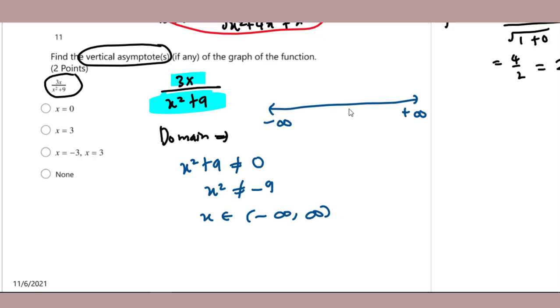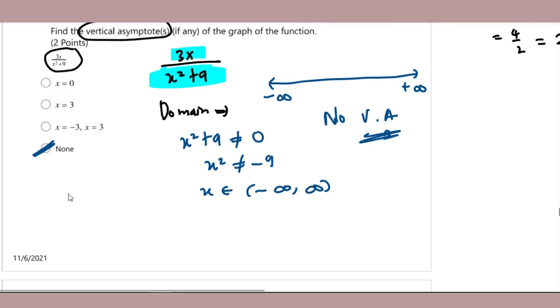All x are considered inside the domain. So we can conclude that there is no vertical asymptote. The answer is none. Okay, proceed to number 12.